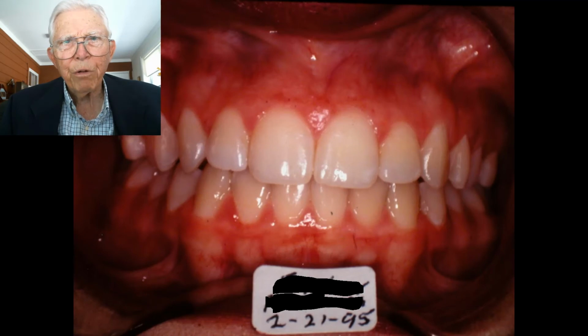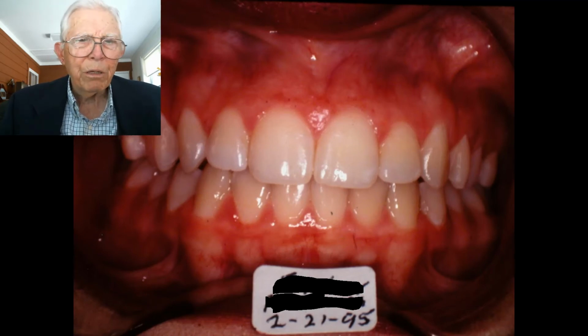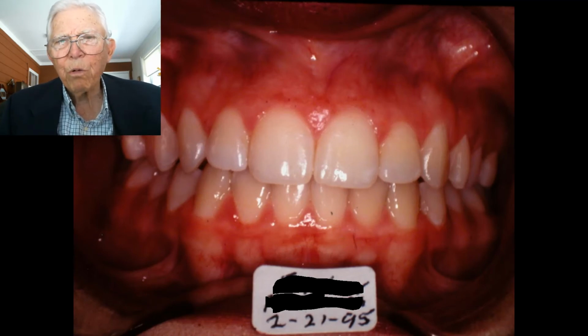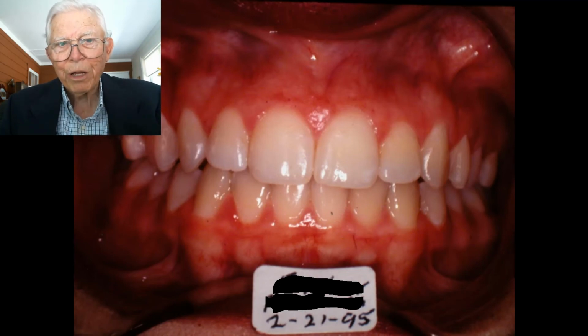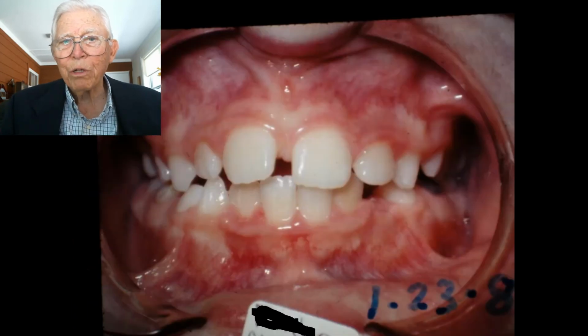Now, if you sit around and wait on a case till they're 12, 14 years old before you start it, you've got a major problem there to do, and many of them don't get done. I mean, they just extract teeth over on the side because it wasn't taken care of. So here's what brought the person in.